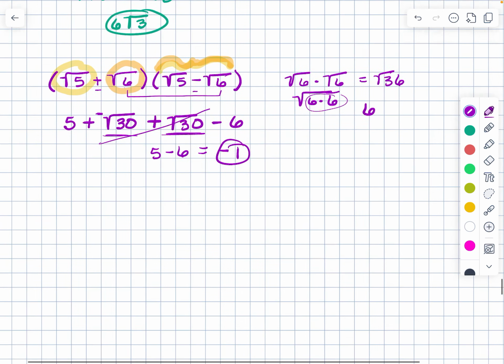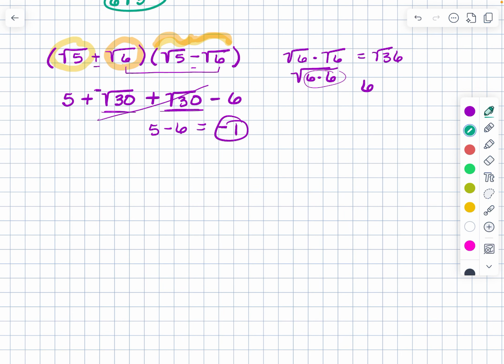Okay, let's do another one, because we want to make sure that we understand this. Let's do 2 plus the square root of 3 times 4 plus the square root of 2.